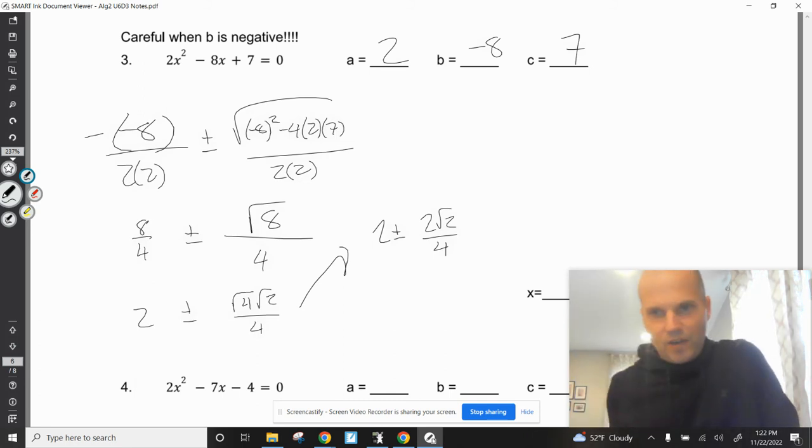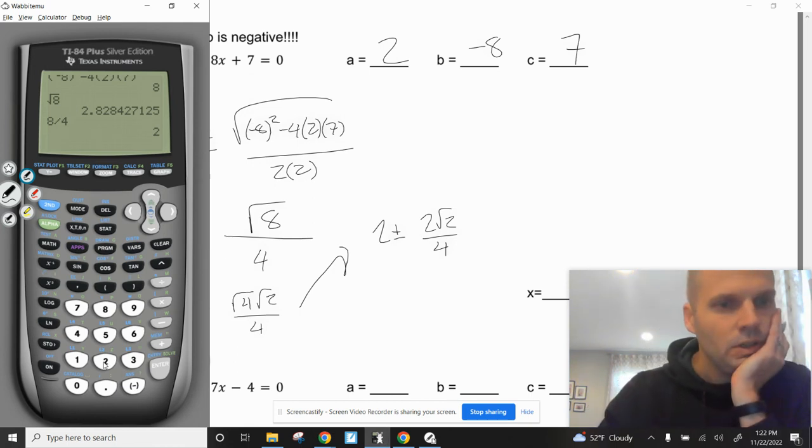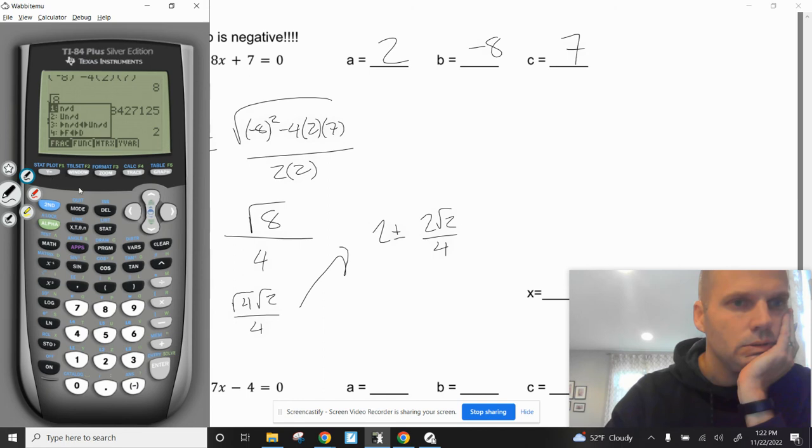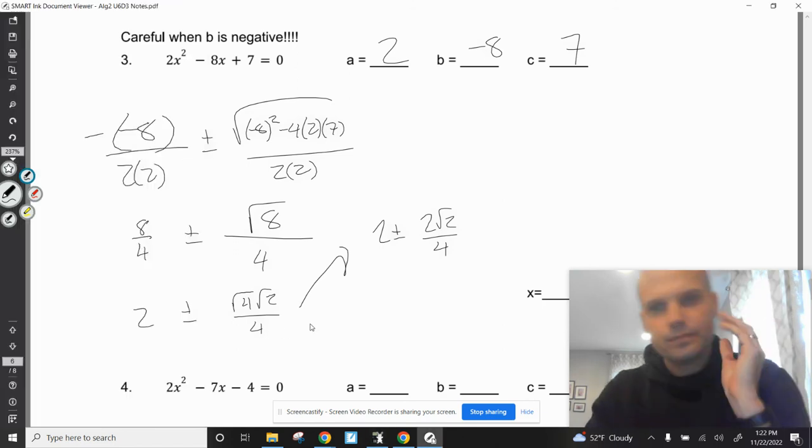Now, 2 divided by 4 is the same as 1 divided by 2. Your calculator is not going to like you trying to do 2 root 2 over 4. So you really just try 2 over 4, and you get 1 over 2.